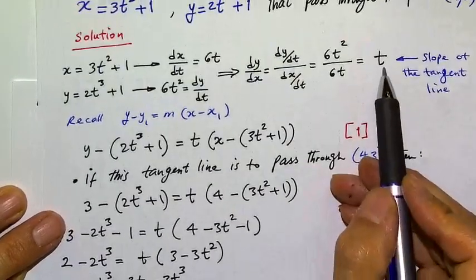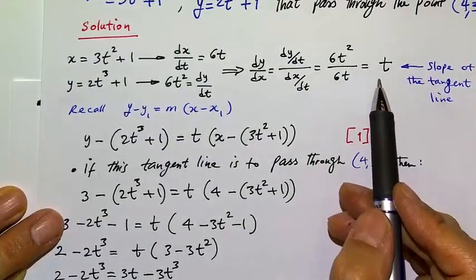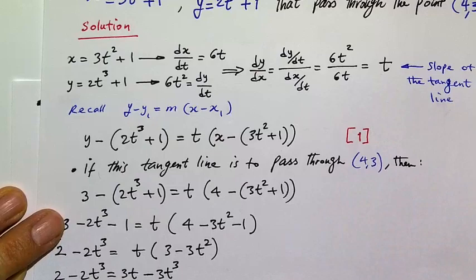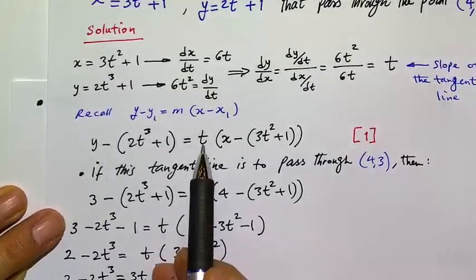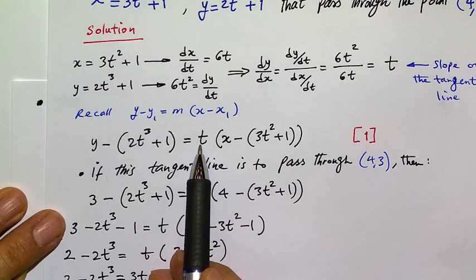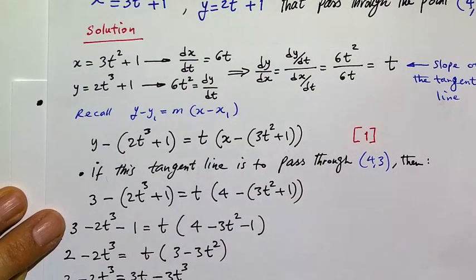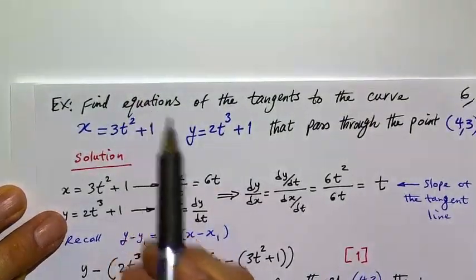Since this is the slope of the tangent line, and we found two t values for which we're going to have a tangent. So let's plug in for t with each of those values that we found to find the equation of the tangent line, which is what they ask us.